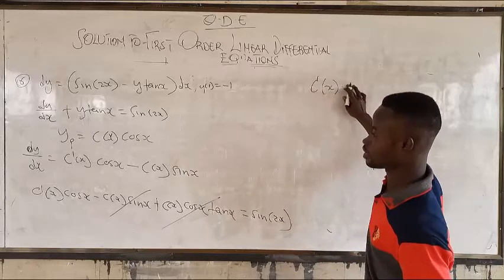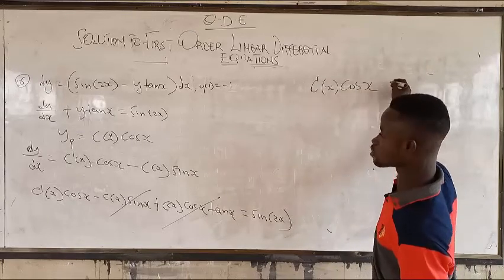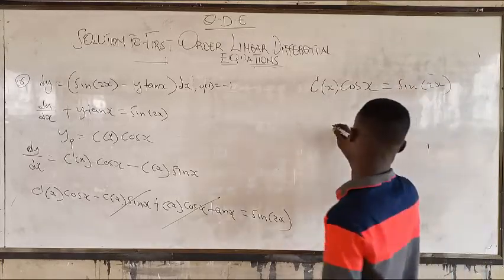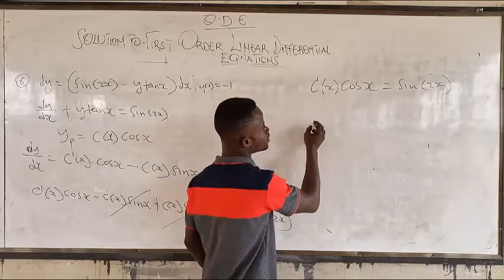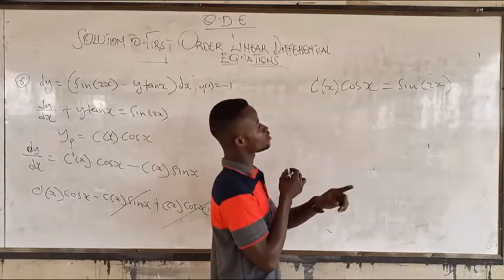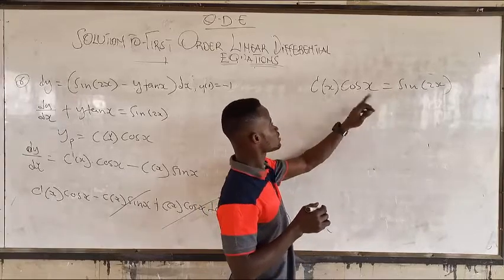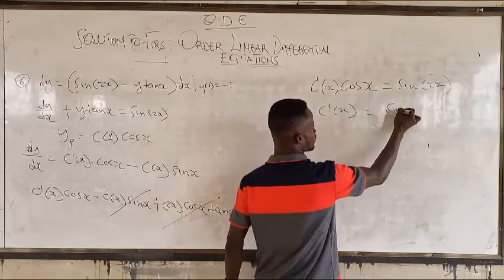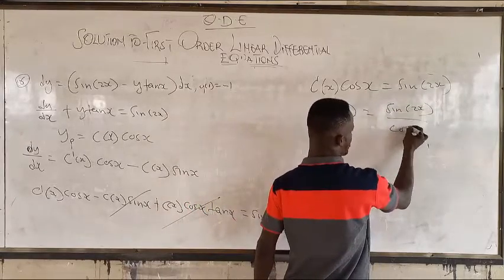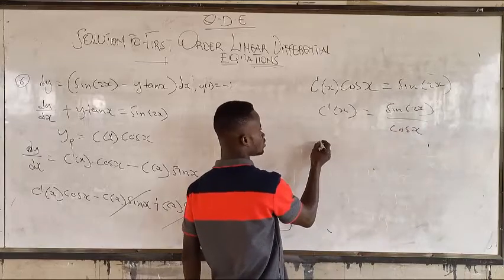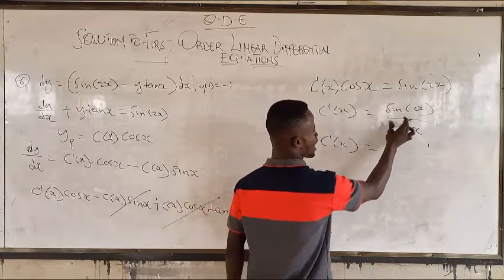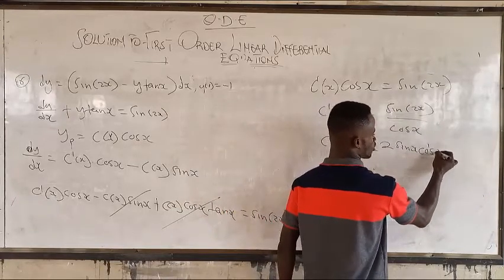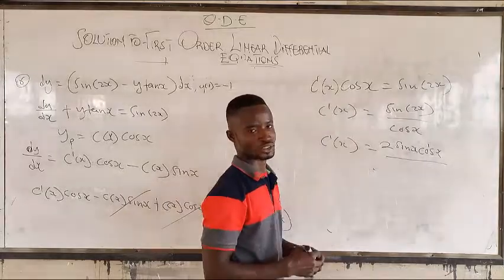Alright, so we have this to be equal to that. And before you integrate, be careful. C prime of x is equal to sine 2x over cos x. So C prime of x, you know that this is the same as 2 sine x cos x from double angle in trigonometry.